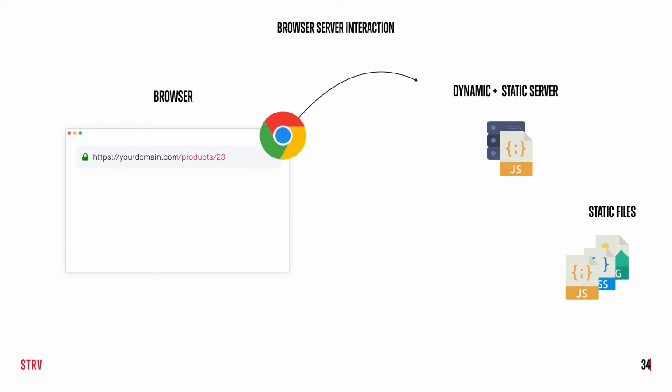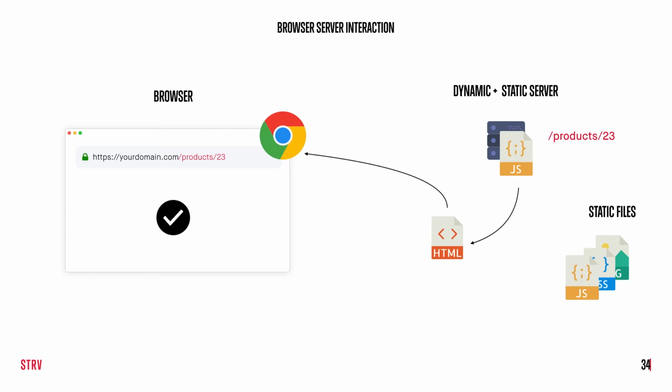So let's say the user goes to product/23. At this point, the server is going to create the HTML on the fly. So it's going to create HTML every single time that the user hits this route or any route. And then we send it to the user, and then the same process repeats.